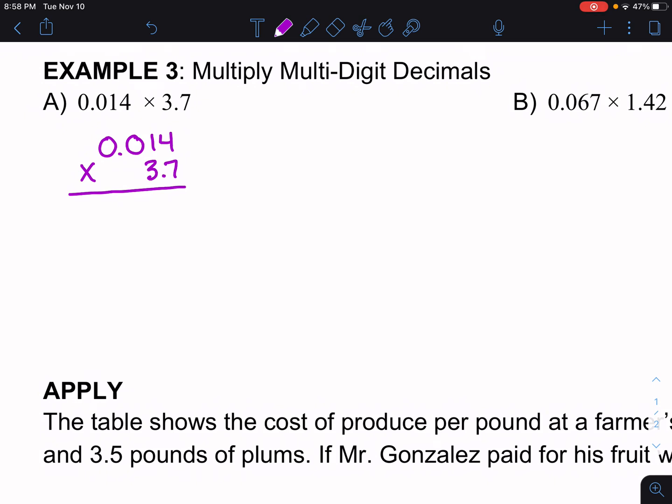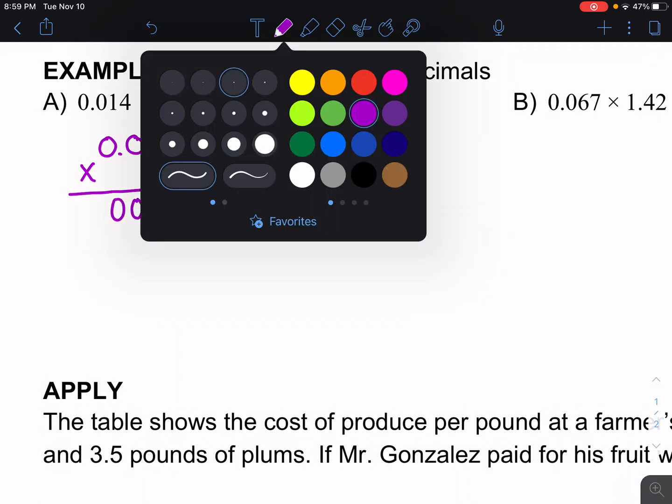I'm going to perform my multiplication like I would with any multi-digit numbers, and I'm going to worry about the decimals at the end. So 7 times 4 is 28, and I carry the 2. 7 times 1 is 7, plus 2 more is 9. 7 times 0 is 0. 7 times 0 is 0.